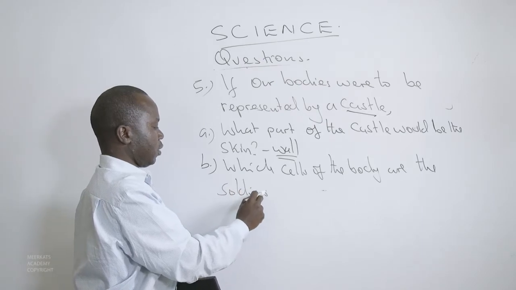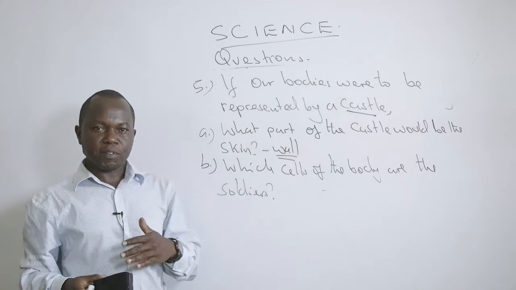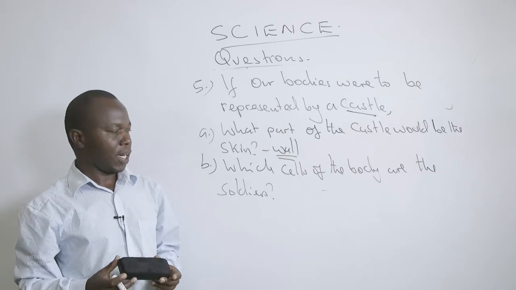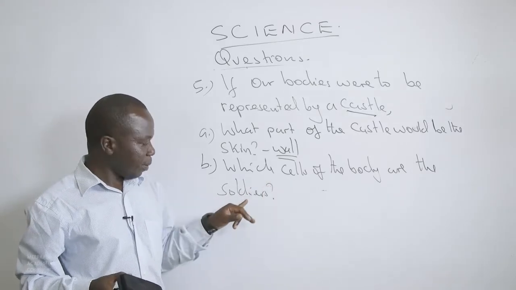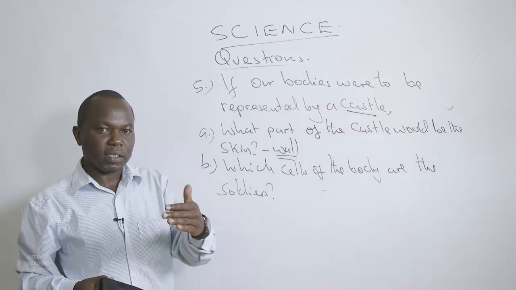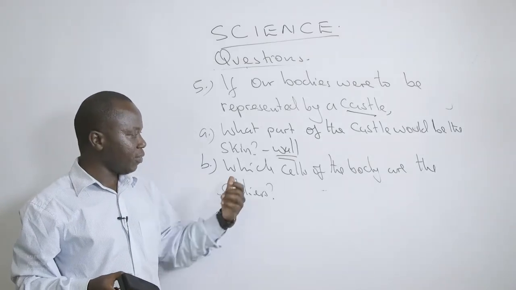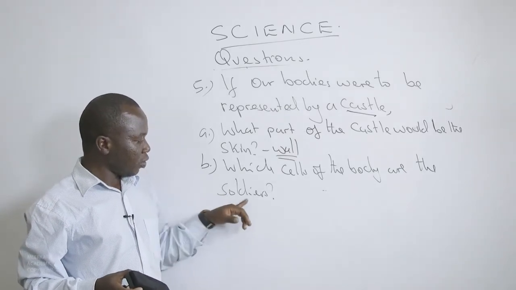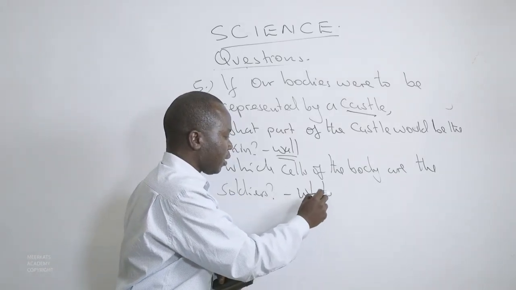So a castle has soldiers for purpose of protecting the king, together with the queen. But now in our bodies, we also have cells that perform the role of soldiers, fighting. Soldiers are meant to fight any invading enemies. The invading enemies in our bodies are pathogens, bacteria. So the soldiers in our bodies are usually the white blood cells.